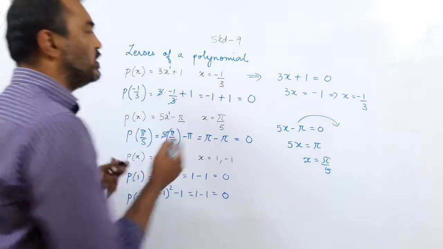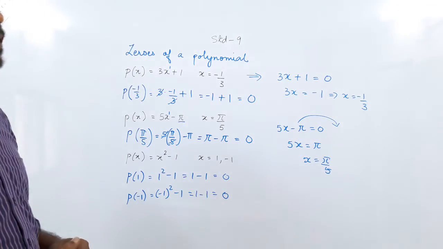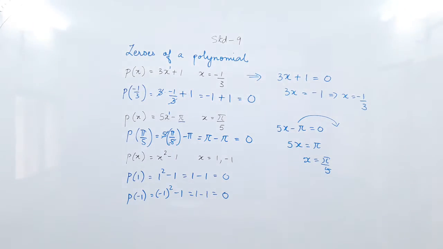So this value is the 0, and this is the direct method to find it out. Clear? So there is the trial and error method, which is quite long. So we do not use the trial and error method. Which one do we use? The direct method. So now we will not go to trial and error because it is quite long. We will directly go to the direct method. Okay.